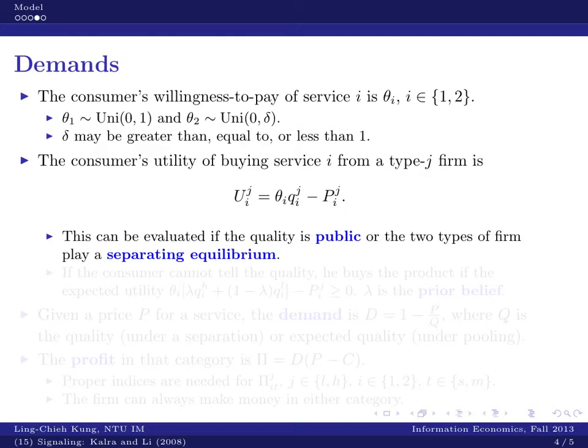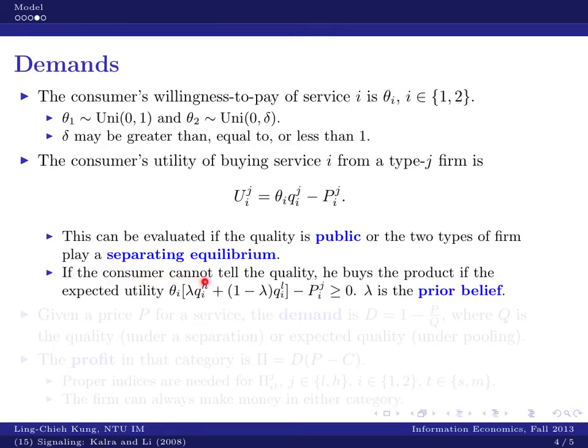But please keep in mind that this formula will be meaningful, or this number can be evaluated, only if the quality is public or the two players are engaged in a separating equilibrium. Otherwise, you just have no way to make sure whether the quality is high or low.